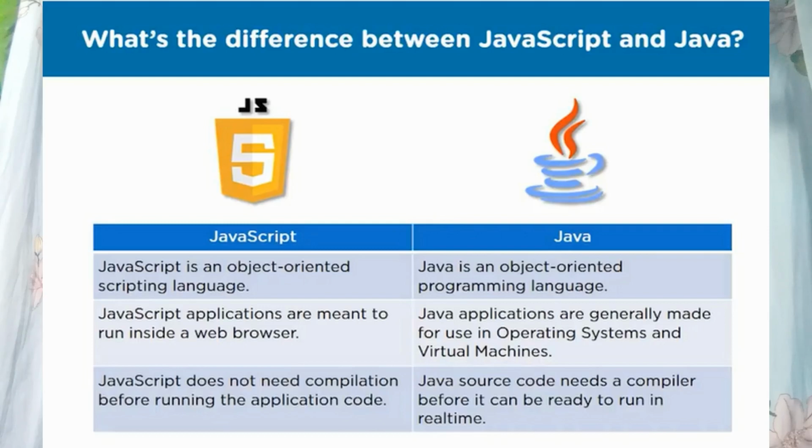But Java needs to be compiled. It needs a compiler. In other words, a compiler changes that language to be understood by the computer, the Java code.